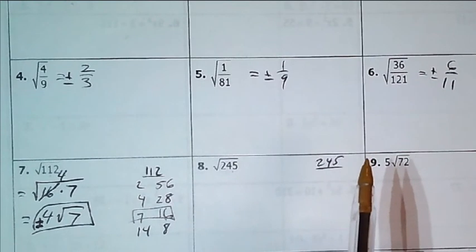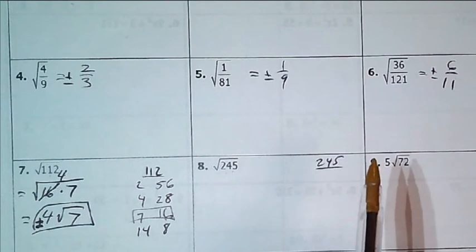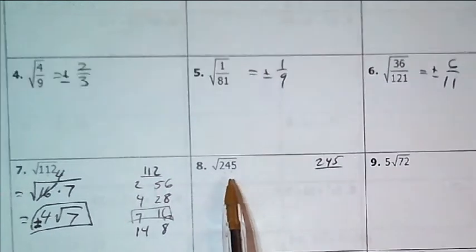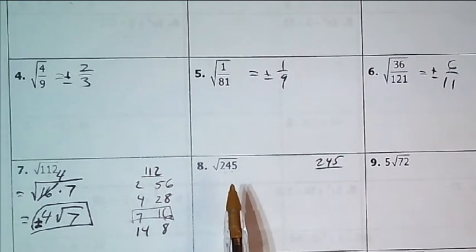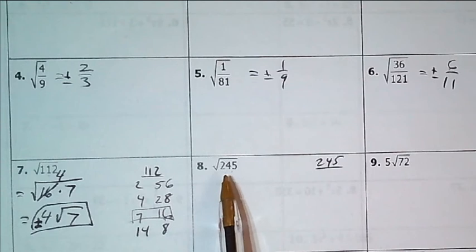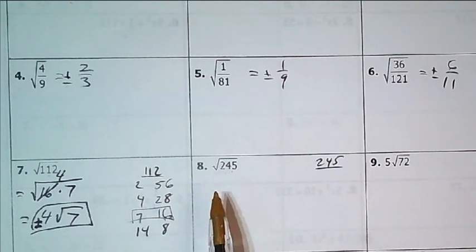Here's how I know if it's divisible by 3 this fast. I add up the digits. 2 plus 4 plus 5 is 11. And 11 is not divisible by 3. So guess what? This whole thing's not divisible by 3.